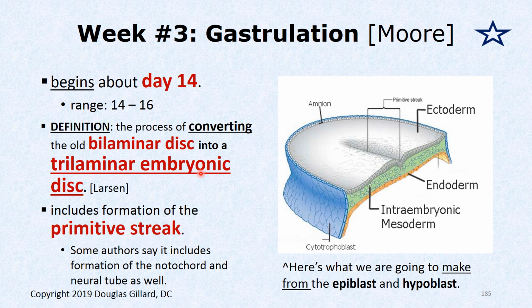So gastrulation includes the creation of the primitive streak as well as the germ layers. Some authors include the notochord formation and even the neural tube in gastrulation, but we're not going to say that. We're just going to say gastrulation is the formation of the primitive streak and the 3 germ layers.